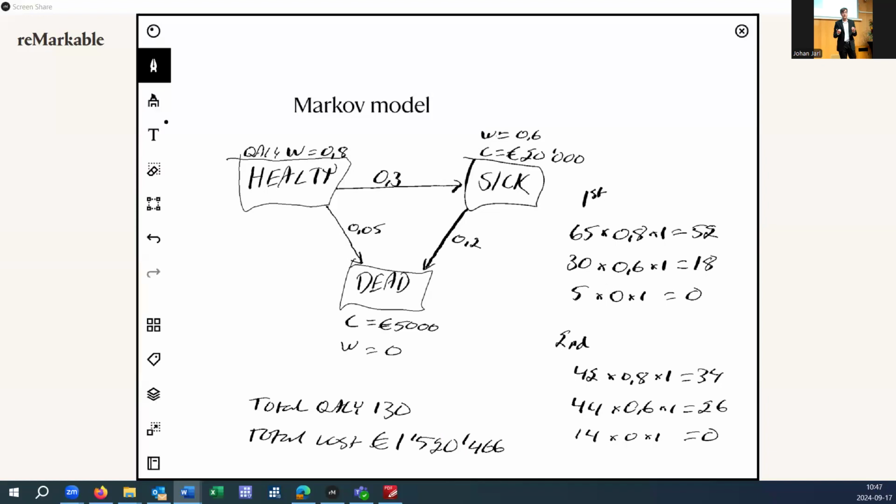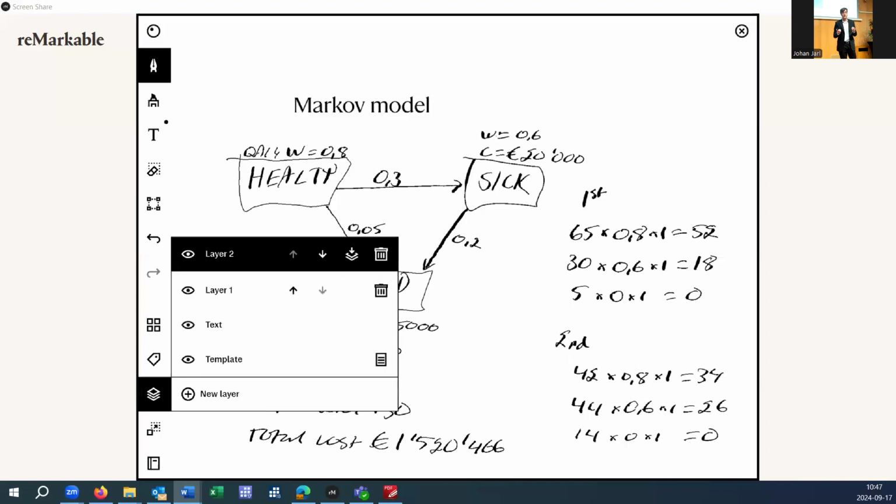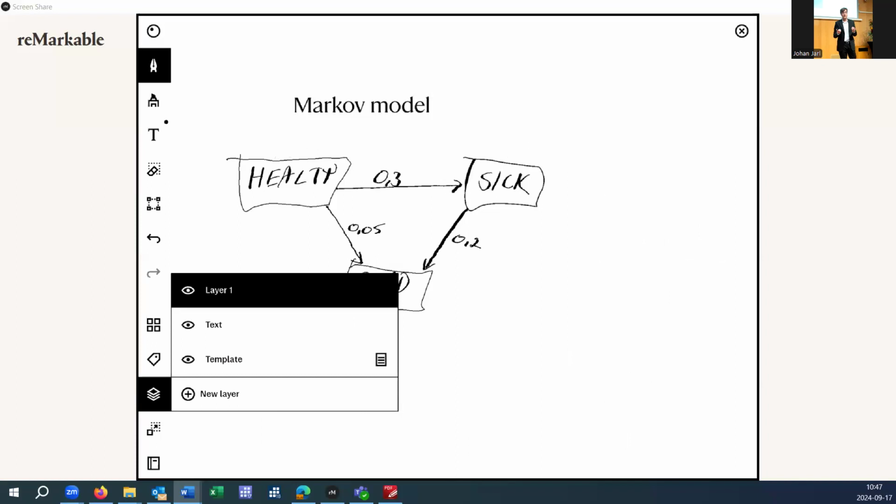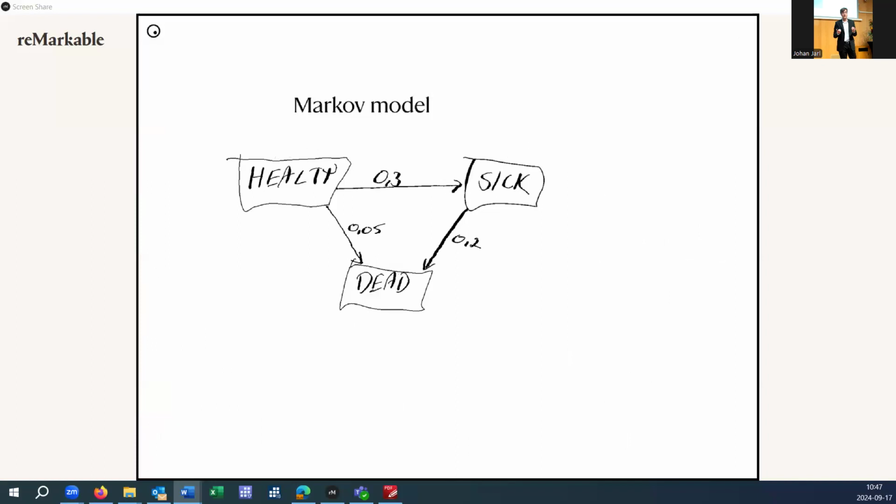Now let's say that we're developing a new drug that can treat symptoms and thereby improve quality of life while sick, but it has no impact on the transition probabilities.